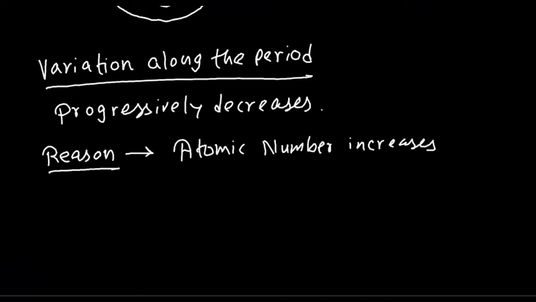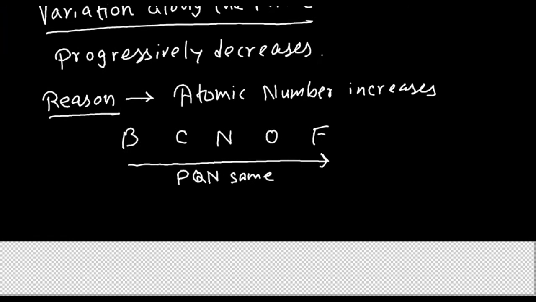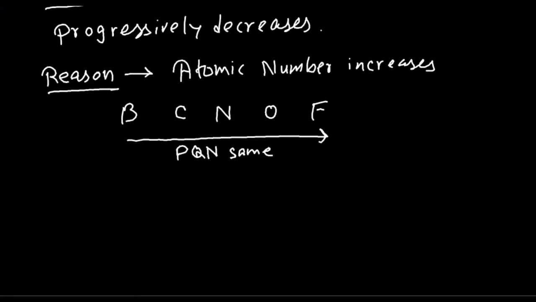But the principal quantum number does not change if we consider one period. Like if we consider boron, carbon, nitrogen, oxygen, fluorine, as we move from left to right there is no change in PQN, the principal quantum number, but their atomic numbers are increasing.